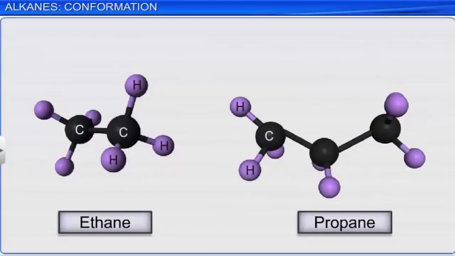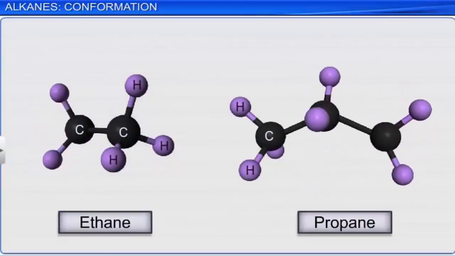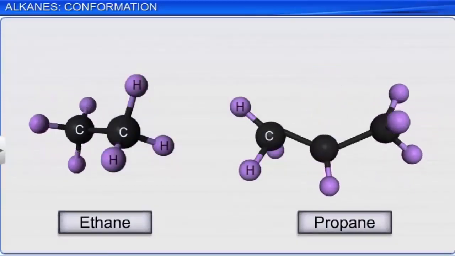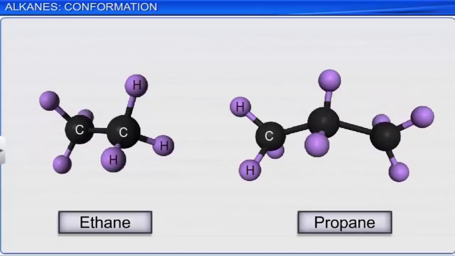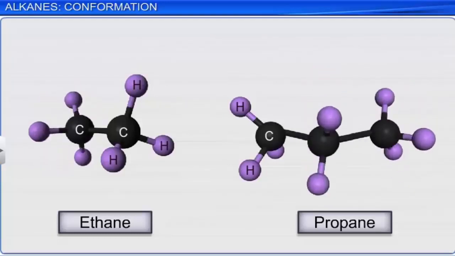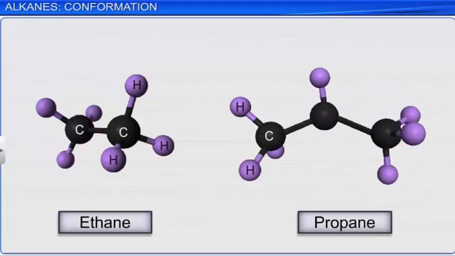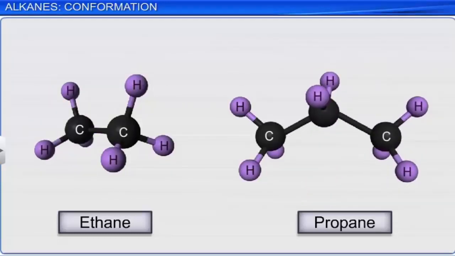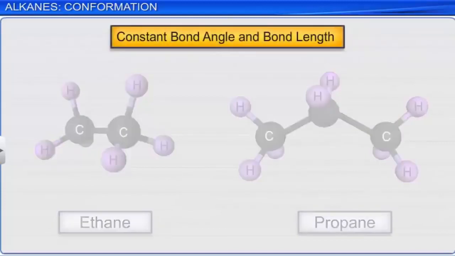These interconversions are very rapid, and hence, in a short span of time, a given molecule may exist in infinite different conformations. However, remember, conformations do not affect the bond angle and the bond length.